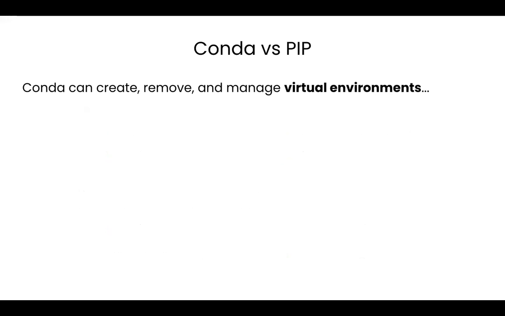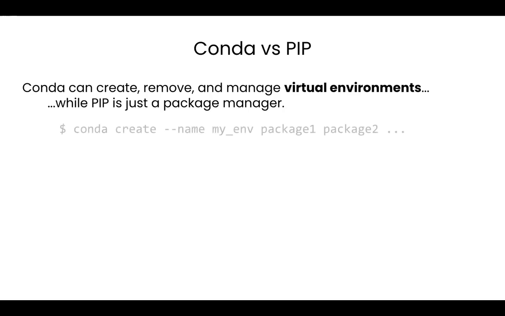You've also heard us talk about Conda as a means of creating and managing virtual environments. And pip is really just a package manager. That means that there's a command for creating these virtual environments, which is very similar to the instructions we gave everybody for this tutorial.